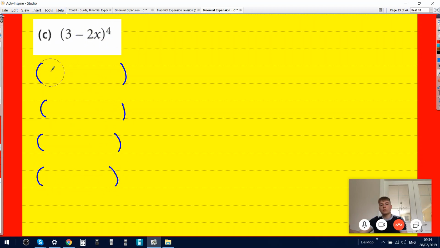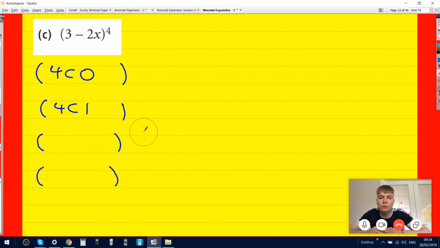So first one will be 4C0. That'll give us that coefficient. Second will be 4C1. What is the next one? 4C2. Yeah. And 4C3. Yeah, and it's actually 4C4 as well. So when you expand something that's a square bracket, you get 3 terms. Yeah, so it's always one more.